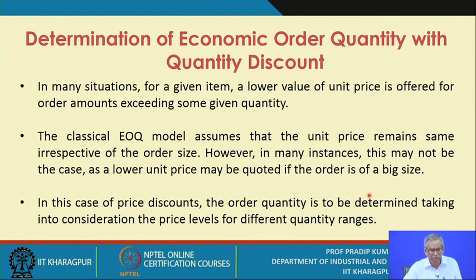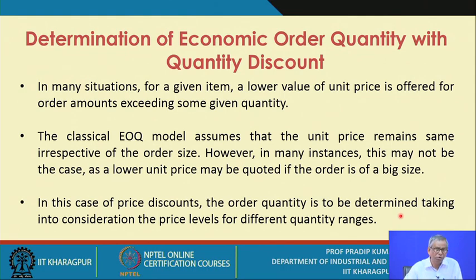So, this point already we have elaborated. Now, in this case of price discounts, the order quantity is to be determined. So, that is our question. If the price discount is offered, how to determine the order quantity, or whether you will opt for discount. If you opt for discount, what will be the order quantity?